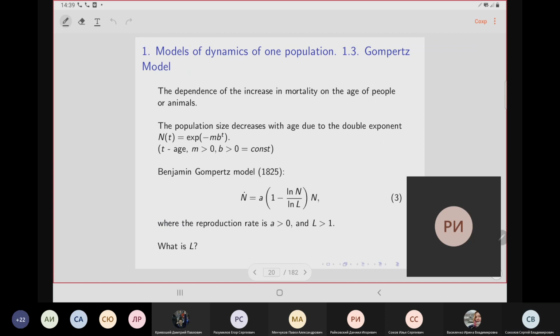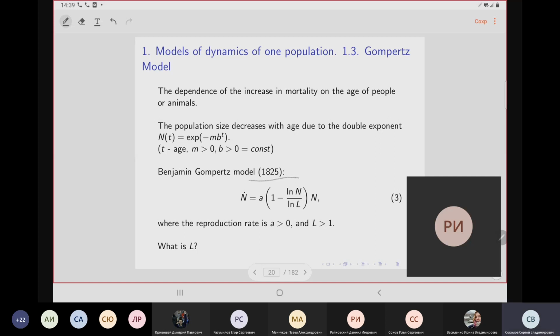The next model is Benjamin Gompertz's model. It was introduced quickly after Malthus, 28 years after Malthus.